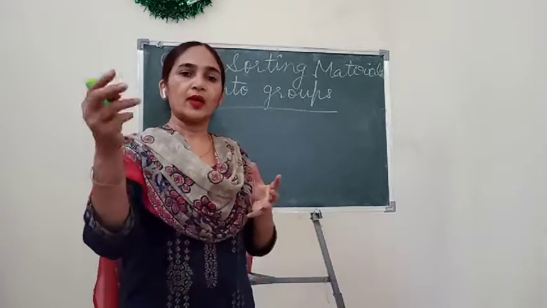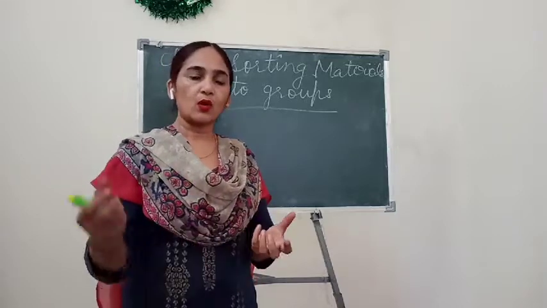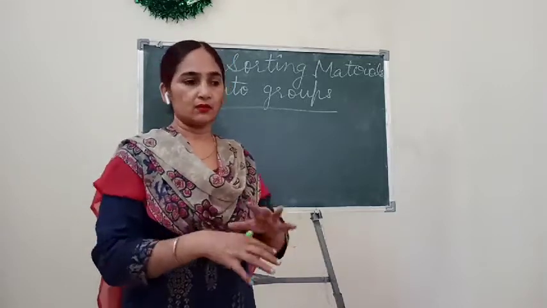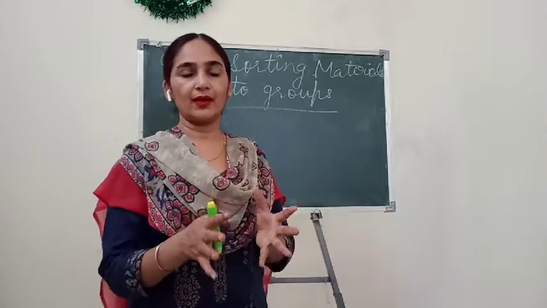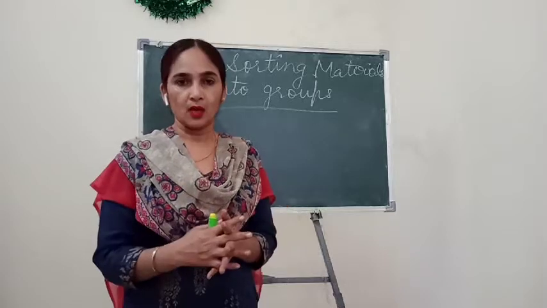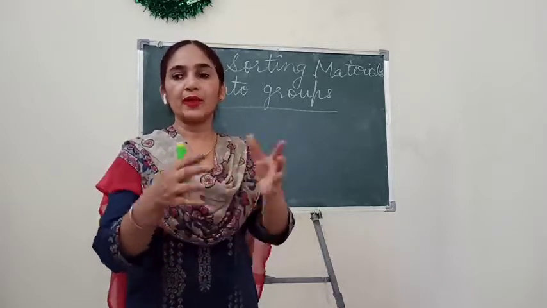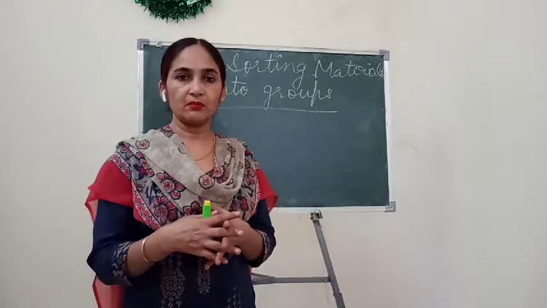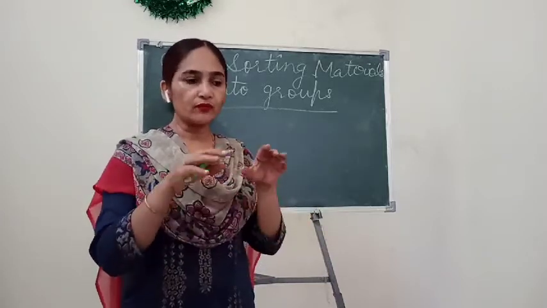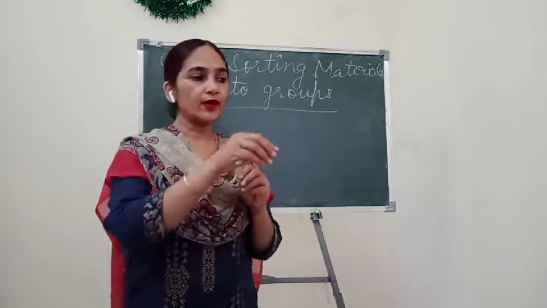So when we come back home, we take out all the things and keep them on the table. Now they are in jumbled form. Now you have to separate all the things. Understand? Now what we are doing is sorting of materials into different groups.